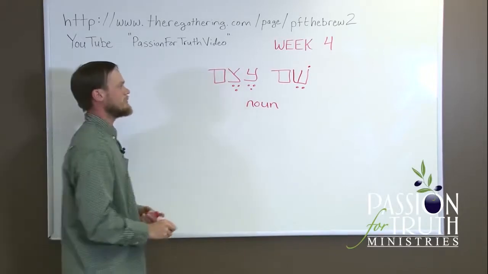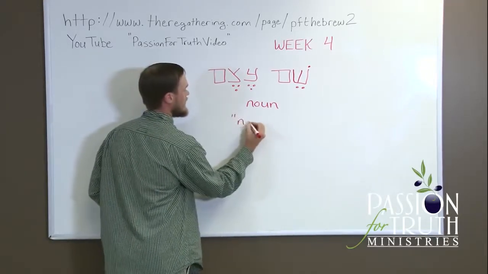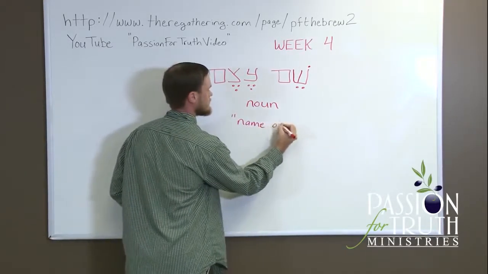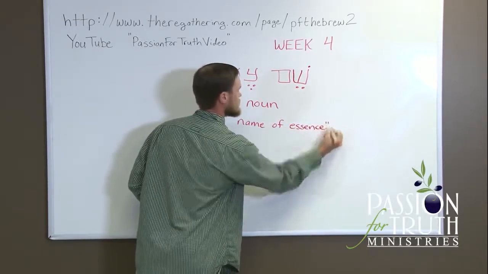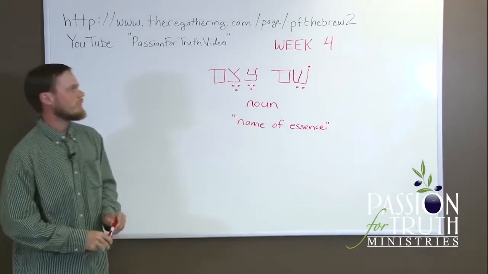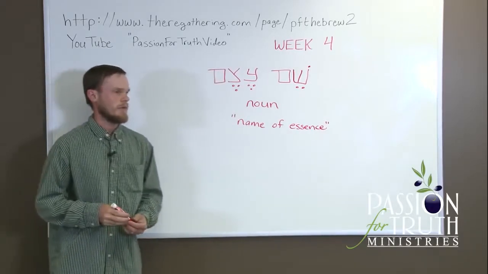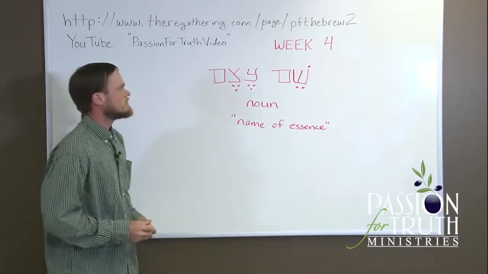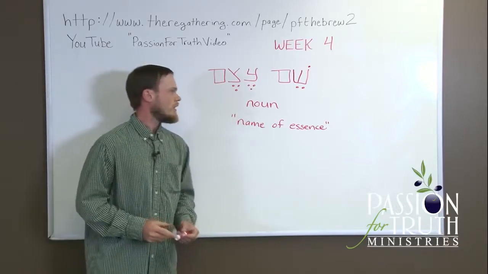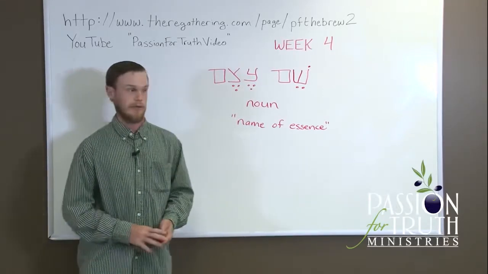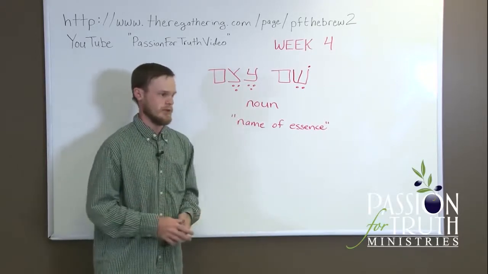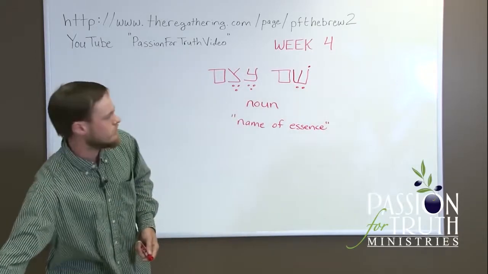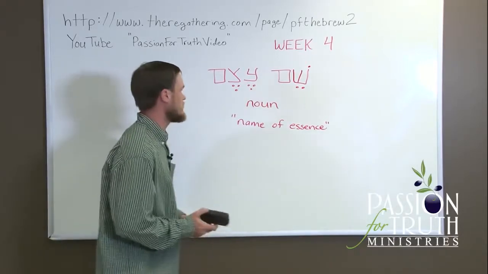Shem etzem literally means name of essence. And a noun is a person, place, or thing. So a shem etzem, a noun, is kind of describing the essence of an object, the essential properties of an object.